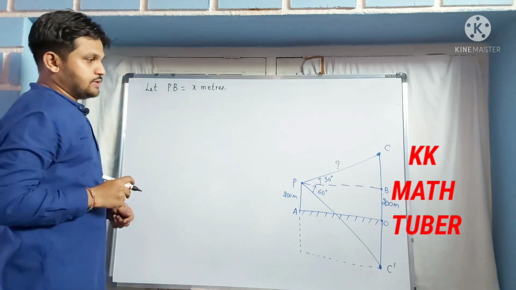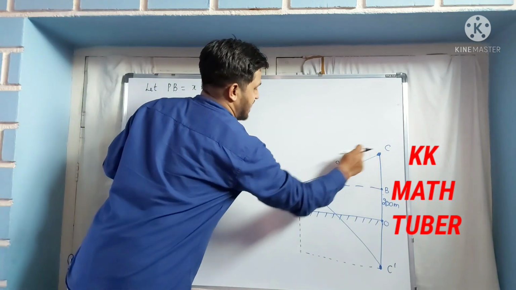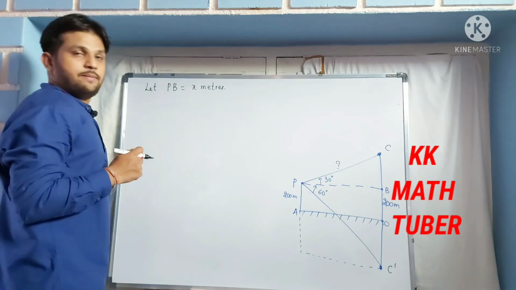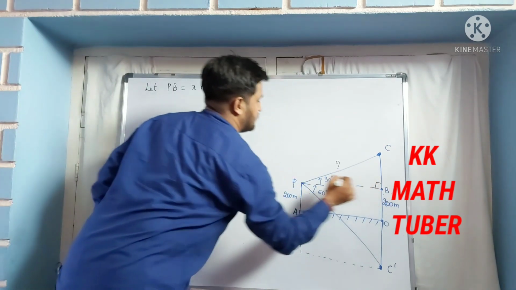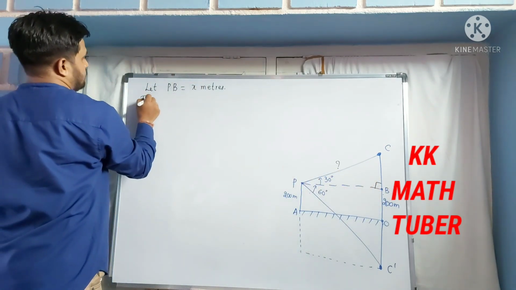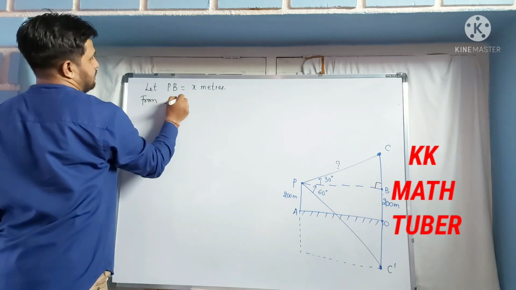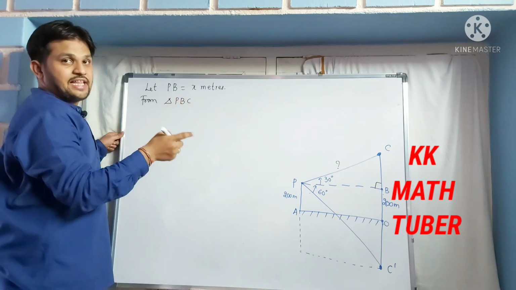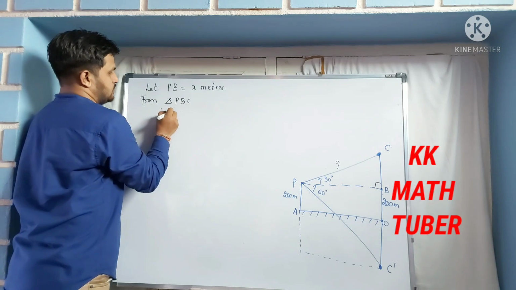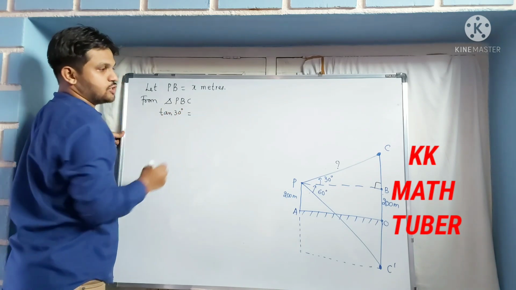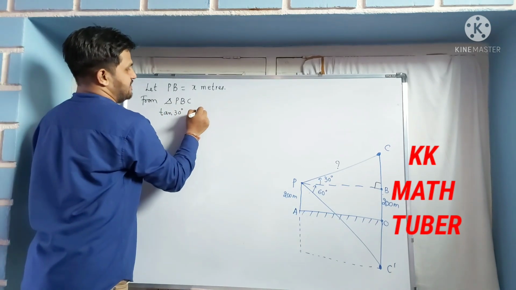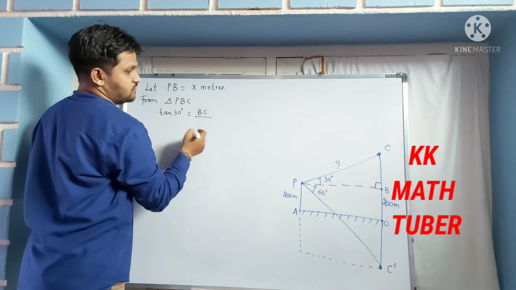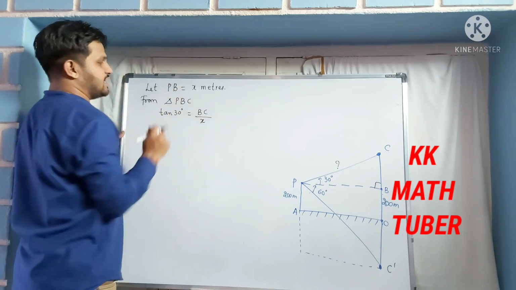Right? So consider the triangle PBC. From triangle PBC, tan 30 is equal to BC divided by PB. PB we have taken as x.